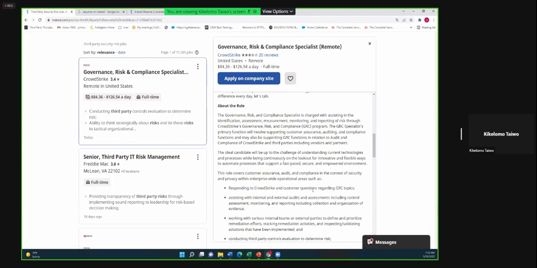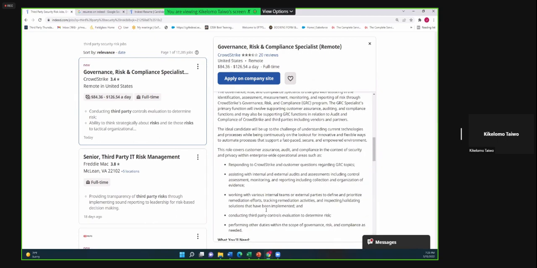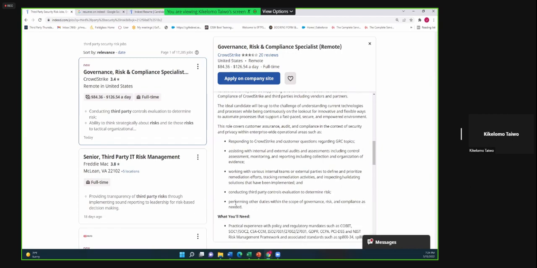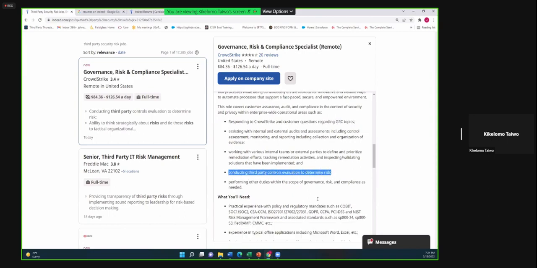Respond to cross-site and customer questions regarding GRC topics, assist with internal and external audit and assessments, including control assessment, monitoring, reporting, including collateral. Working with various internal teams and external parties to define and prioritize remediation efforts. Tracking remediation activities and expecting a valid solution about the project. Performing other duties, conducting third-party controls evaluation to determine risk.